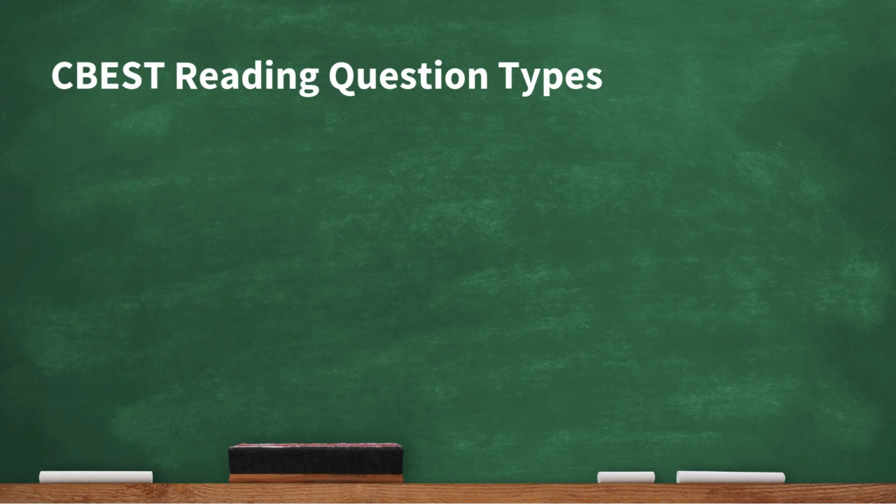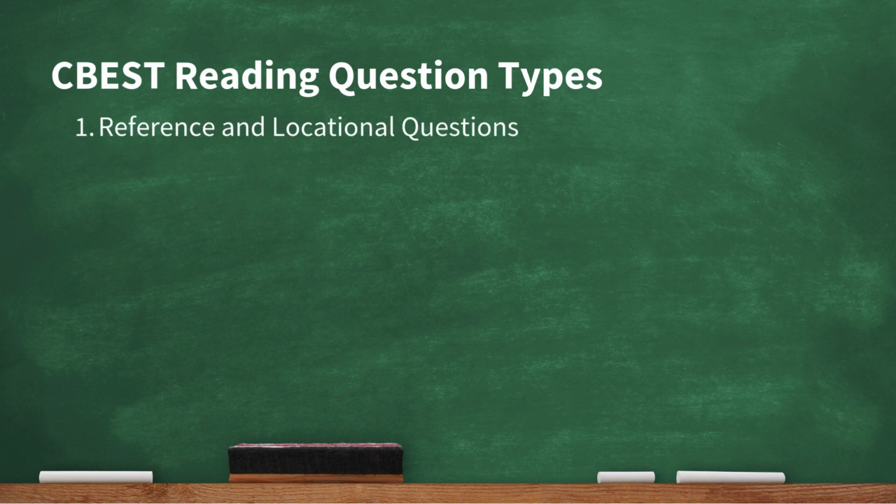We'll be covering the following 12 types, and don't worry, after these 12, we're going to go over these one by one, but I want to give you the table of contents, the layout for what to expect for this exam. There are 12 types of questions that you'll receive while taking your CBEST reading test. The first one is called reference and locational questions.